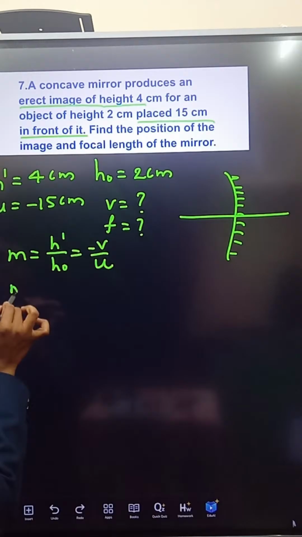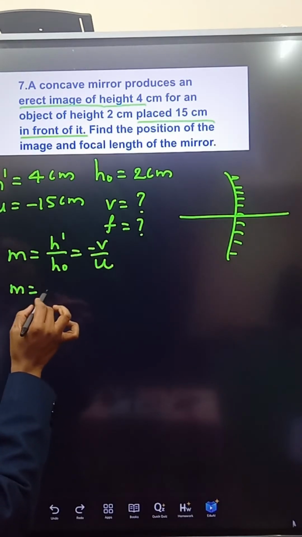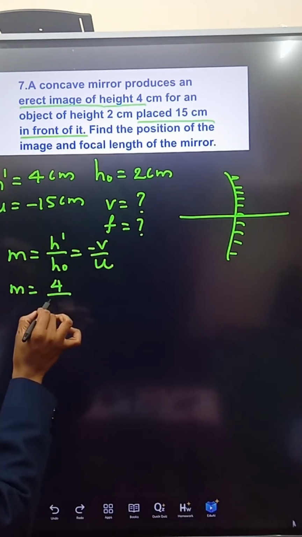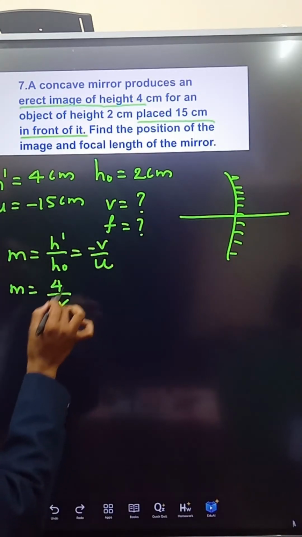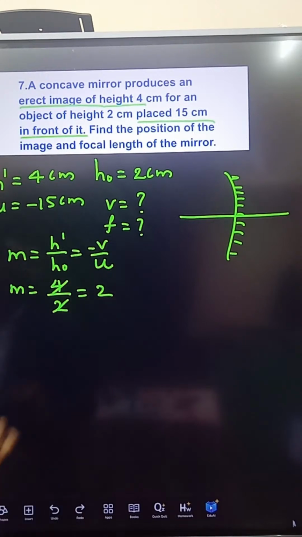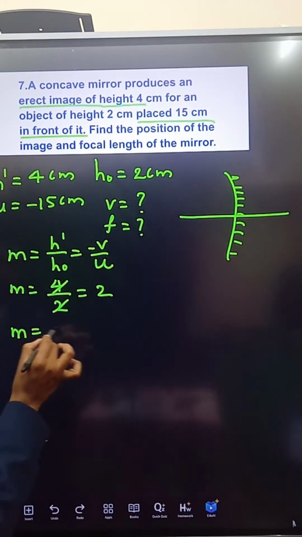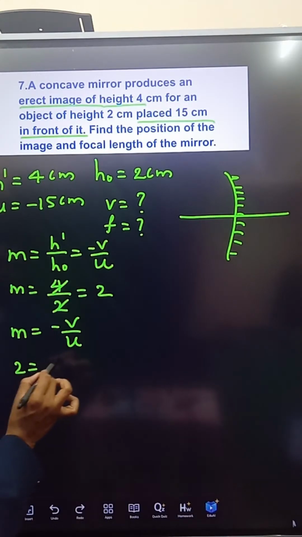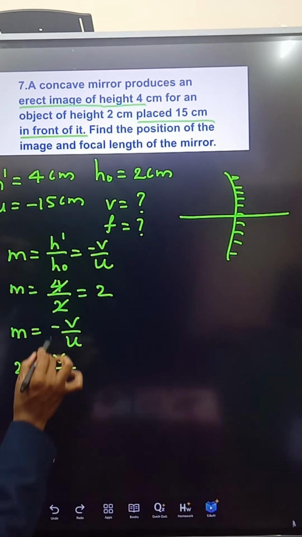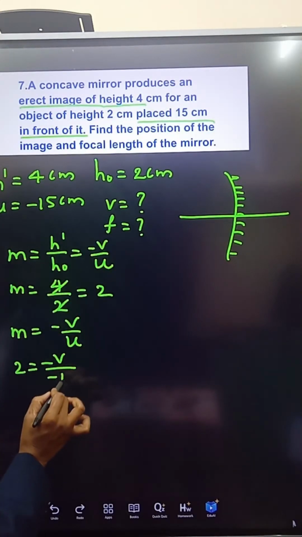So m is equal to h dash by h, that is 4 divided by 2. 2 ones are 2, so m is equal to 2. You are getting it or not? Magnification you got already. If you get magnification, you know that m is equal to minus v by u, right? m is 2, minus v by u, and u here is minus 15, right?